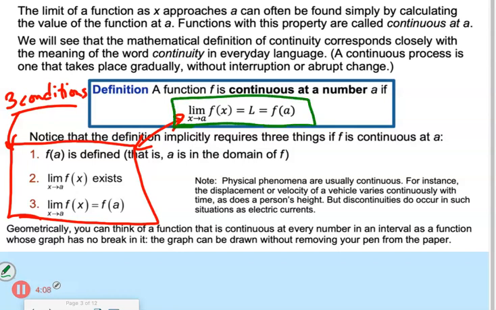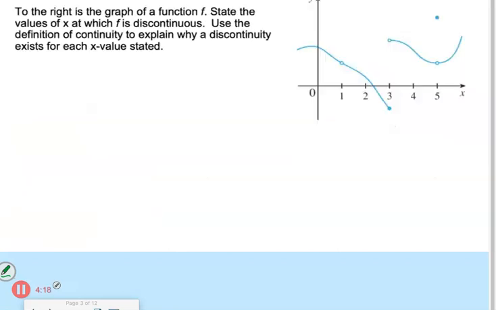If you write that out properly, that proves continuity. If you're showing discontinuity, then it's one of these 3 things failing. All right, in your groups, take 30 seconds and decide which x values have a discontinuity for this graph. Begin.